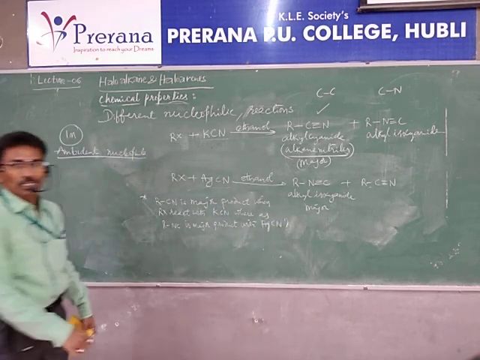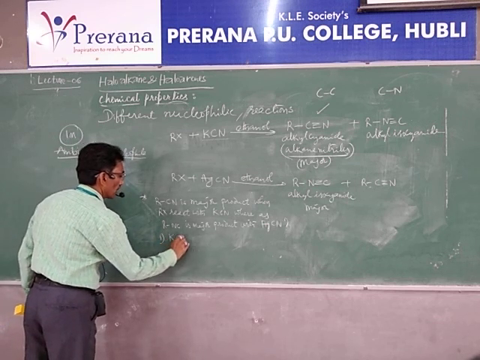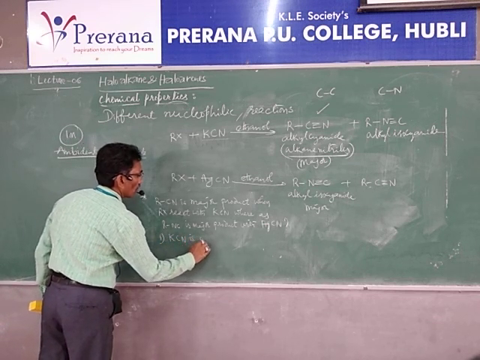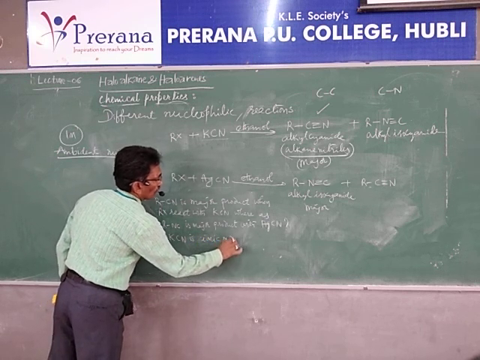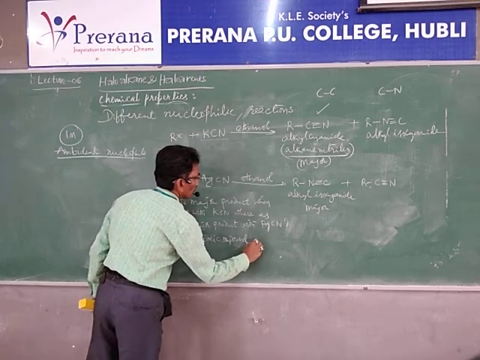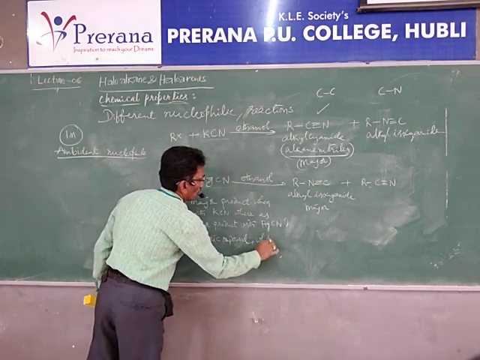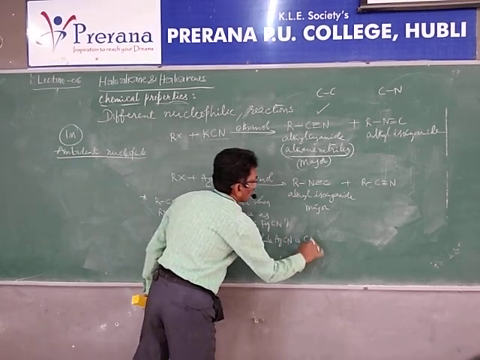Already in the NCERT book, the answer: first option, KCN is an ionic compound, while AgCN is covalent.